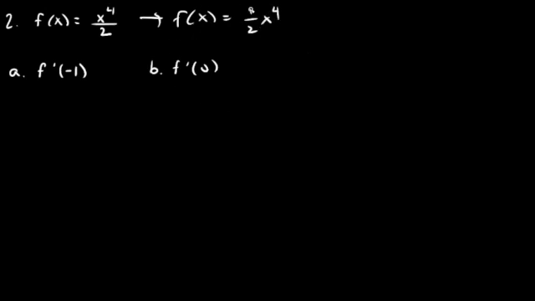Now we can just do the same thing, get 4 and multiply by half. So f prime of x is equal to 4 times half, which is 4 divided by 2, which equals 2, times x to the power of 4 minus 1, which gives us 3. So this would be our derivative.